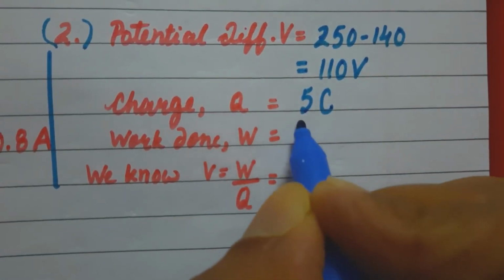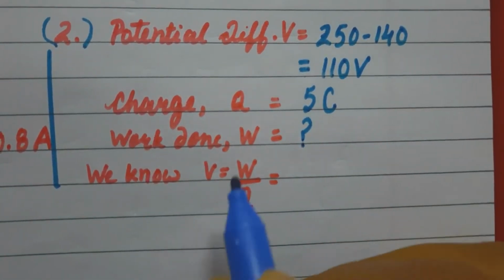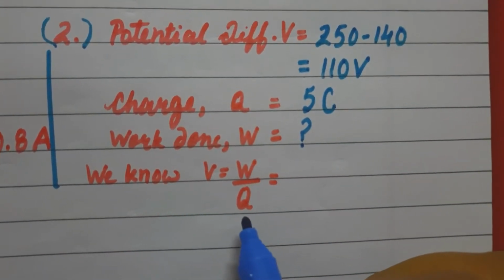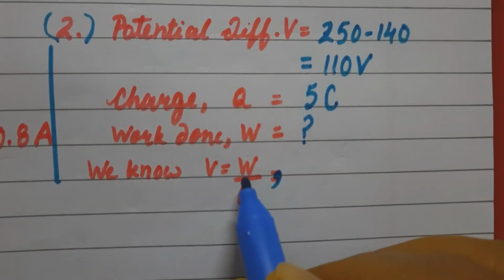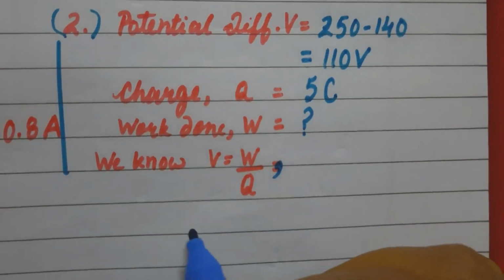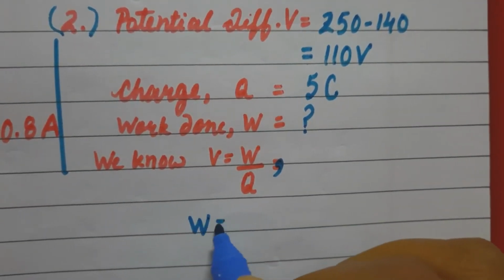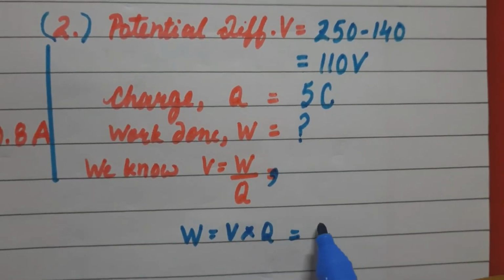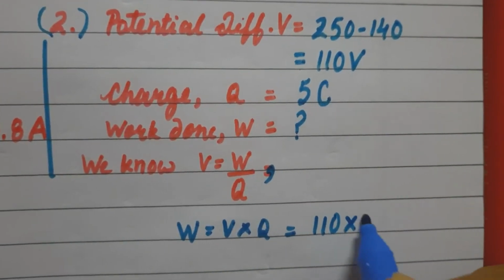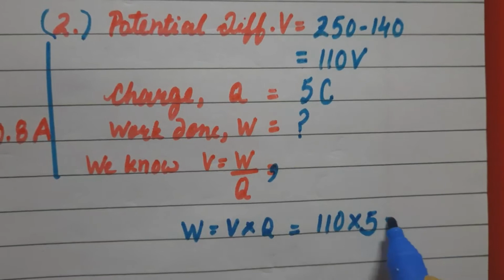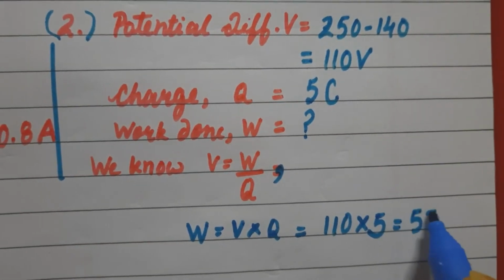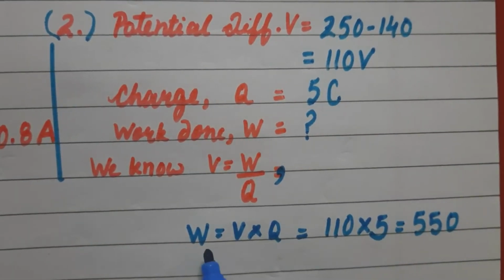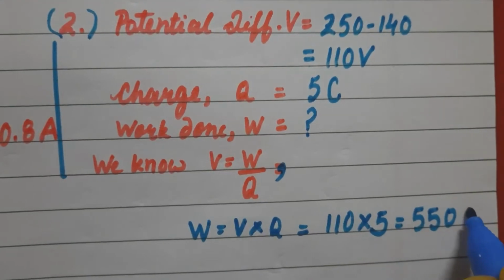Work done W we have to calculate. We know V equals W upon Q. So W will be V into Q. Let us fill the values: 110 into 5. It will be 550. We have calculated work done, so the unit must be joules.